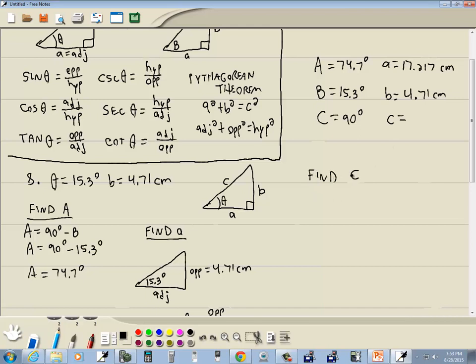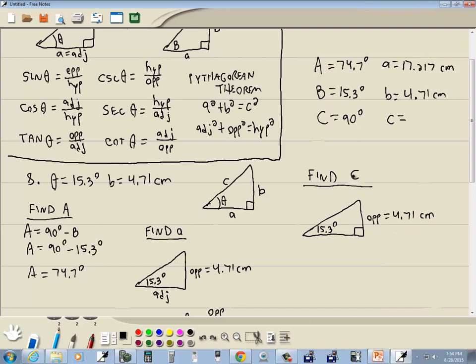Okay, so we're going to find C. And let's write down our triangle again. We said this angle here is 15.3 degrees. They give us B, which is the opposite side, so they're telling us opposite is equal to 4.71 centimeters.